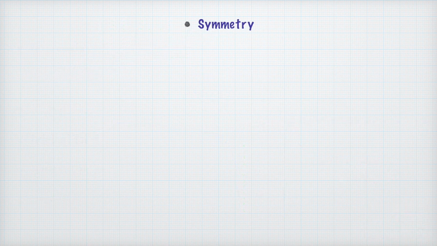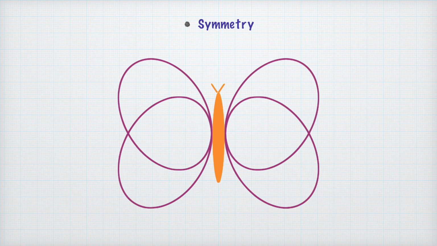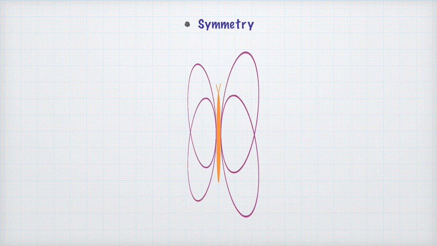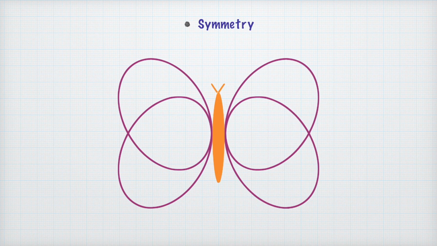Now, let's talk about symmetry. To understand symmetry in the graph of a function, let us take a look first at this image. When this image is flipped with respect to its vertical center, the resulting image is identical to the original image.